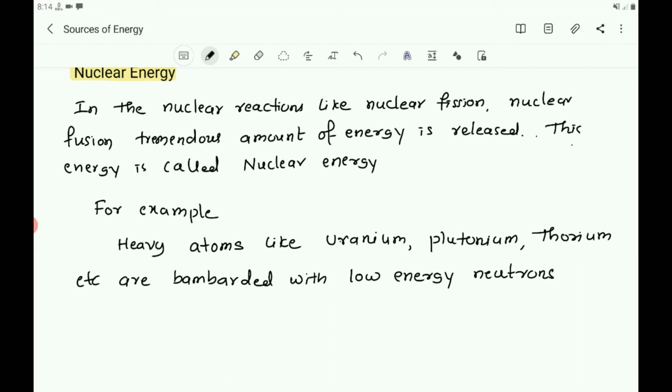Heavier nuclei split up into lighter nuclei or lighter atoms, and a large amount of energy is liberated in this process.